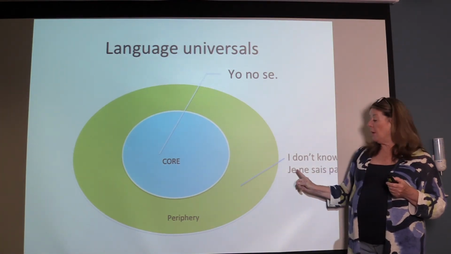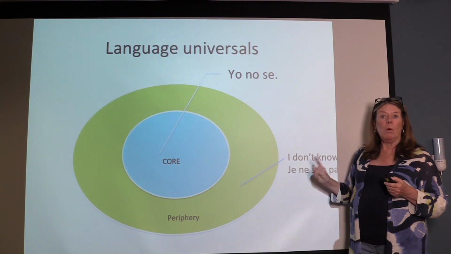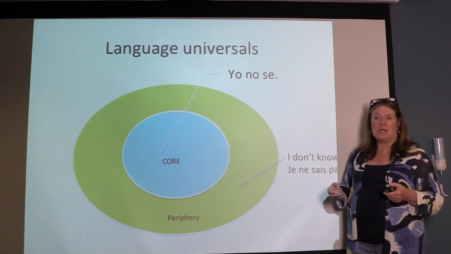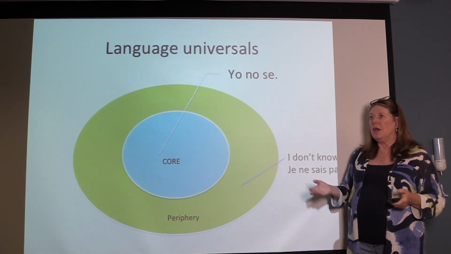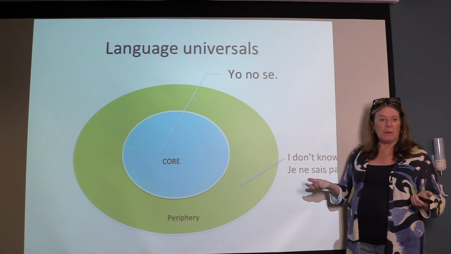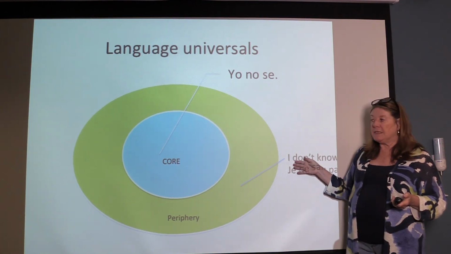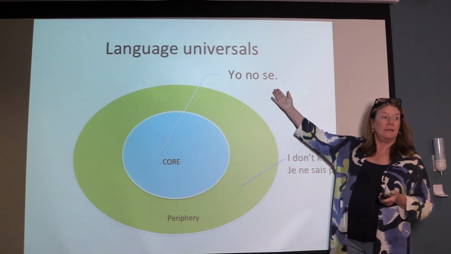And when you're in the periphery, these things will tend to change over time because humans want their language to be efficient and easy, and as English becomes more globalized or more people speak French, then these things will be attended to, to push it into the core to be simple like Spanish.